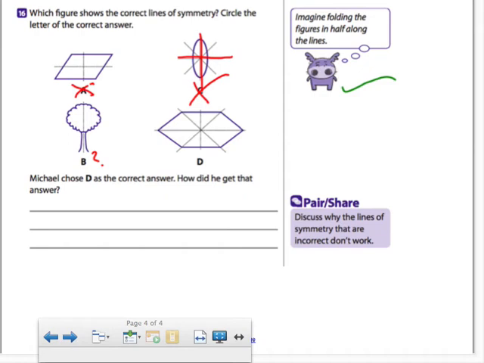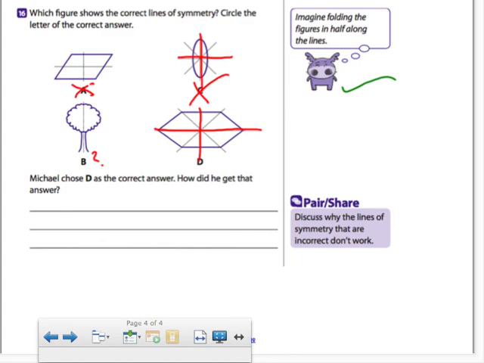Now look at D. You might think, hey, D is good, right, Mr. Graham? Looks okay to me. No! It's not okay. I mean, some of them are okay. This one's okay. And this one's okay. But the diagonal lines are not okay.